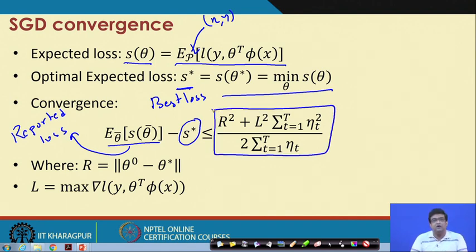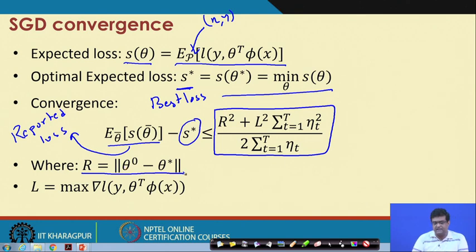Now, what is this quantity? So, the first quantity is this R, which is the difference between the initial theta 0 and theta star, okay. So, initial starting point or initial parameter and the optimal set of parameters for this problem, okay.